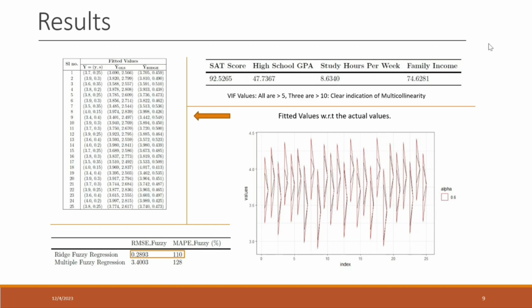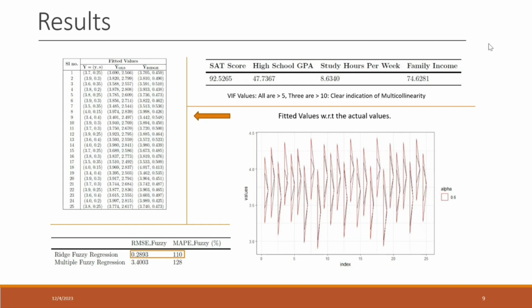By applying this alpha level estimation method that I discussed earlier, the estimated coefficients are in front of us on the left side of the slide. These are the OLS estimates and the ridge estimates, but by just looking at the numbers, we cannot figure out much about the data.